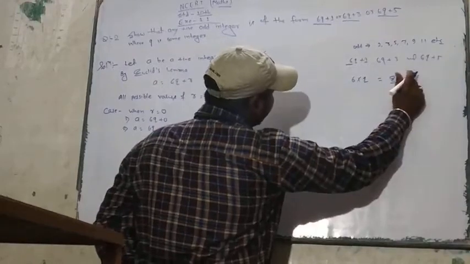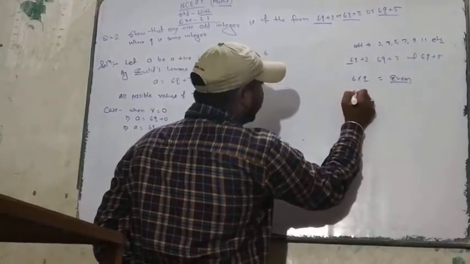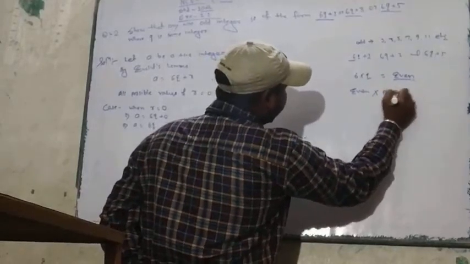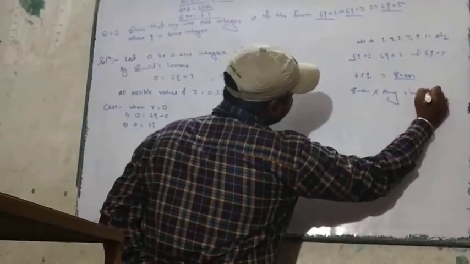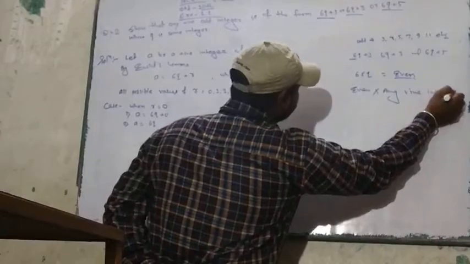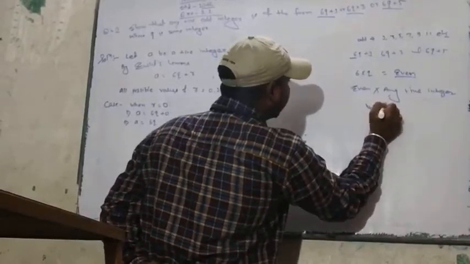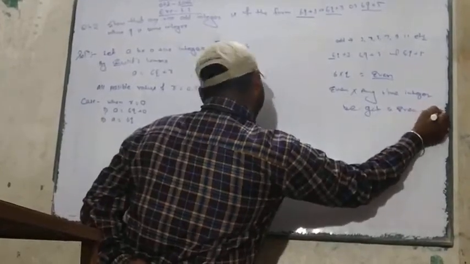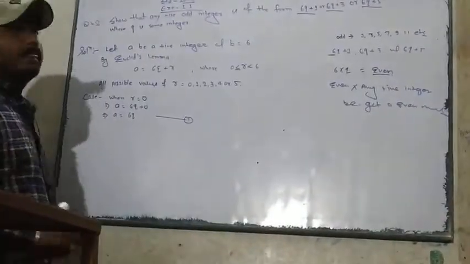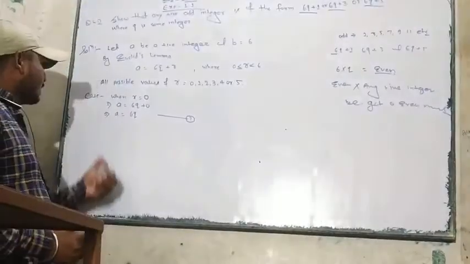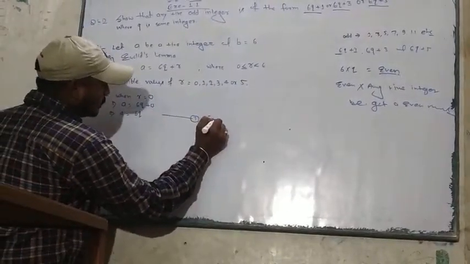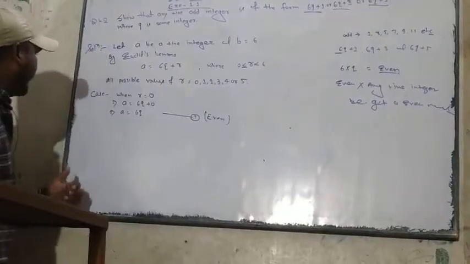Yes or no? Every even number multiplied by any positive integer gives an even number. We did this in the last class. So a is equal to 6q is an even number. Yes or no? And the other case, case 2.